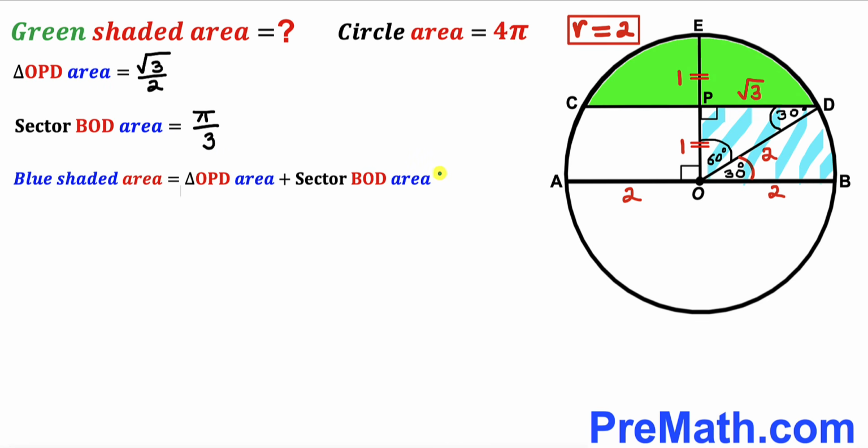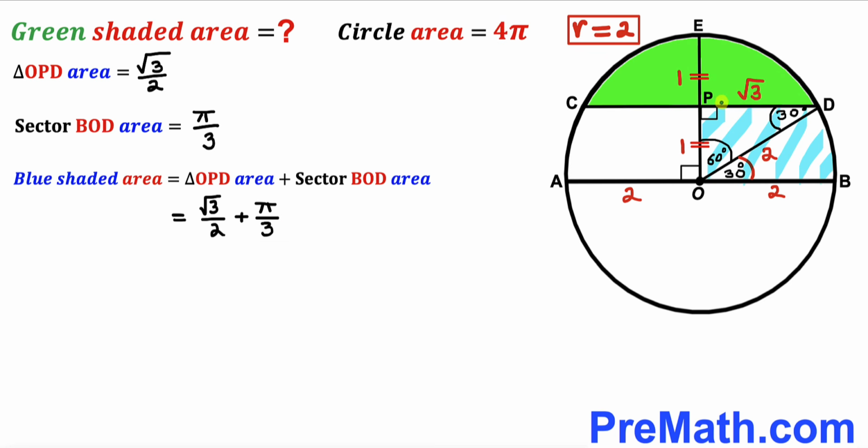And now we are going to fill in the blanks in this equation. We figured out our OPD triangle area and the sector BOD area as well. So therefore this blue shaded region area turns out to be square root of 3 divided by 2 plus pi divided by 3.